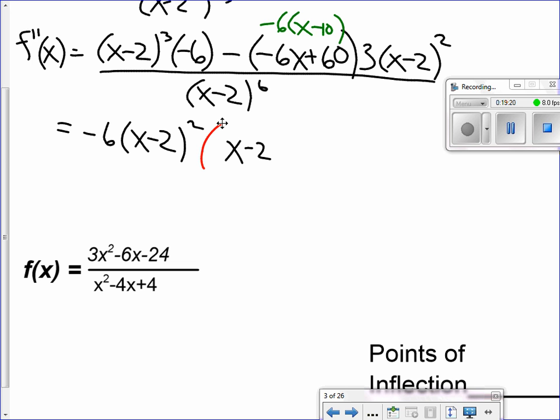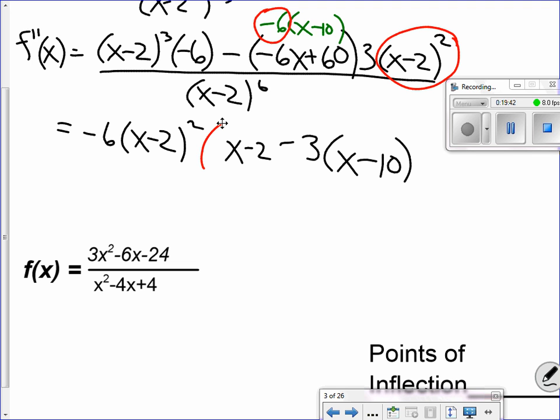So what we're pulling out is the negative 6 and the x minus 2 squared, right? Now, what's going to be left? x minus 10. And we have a minus out there, so we have a minus 3 times x minus 10.